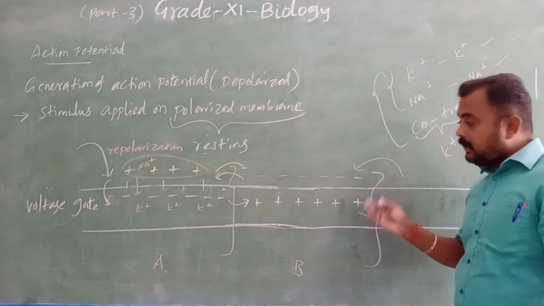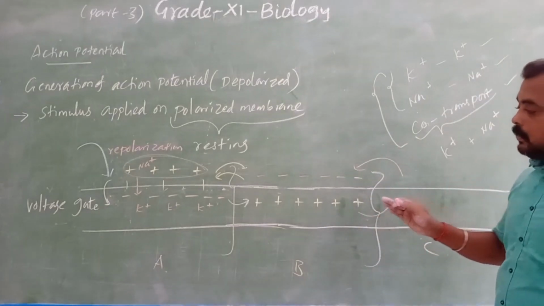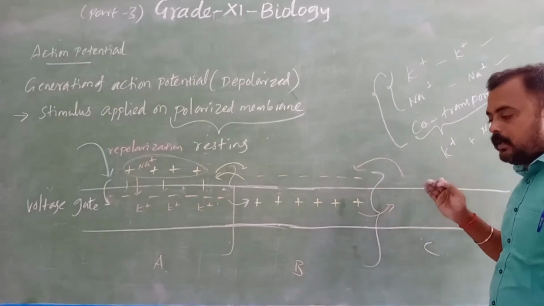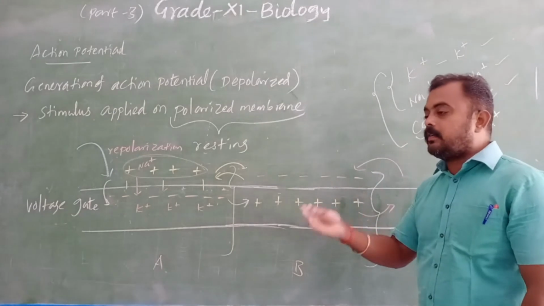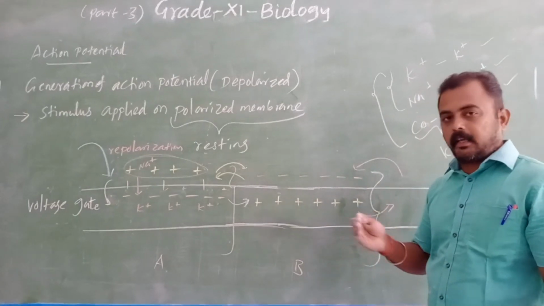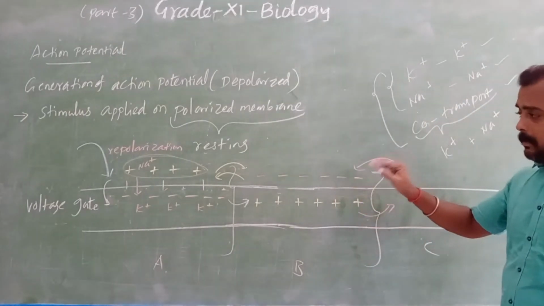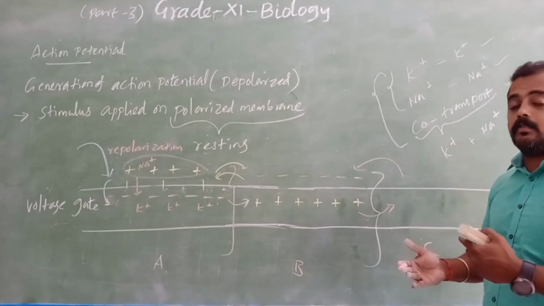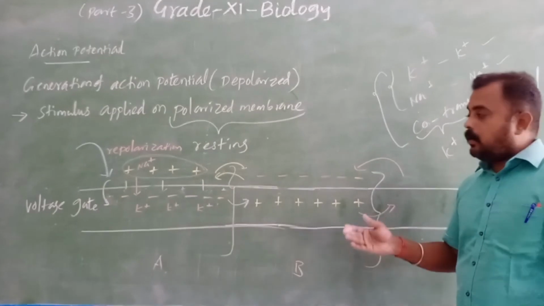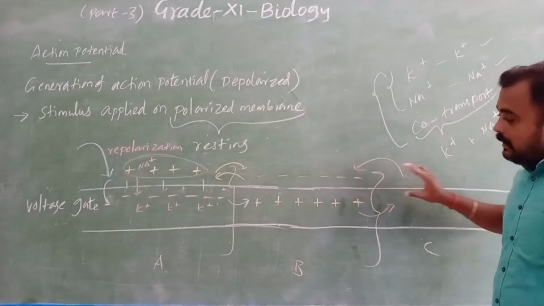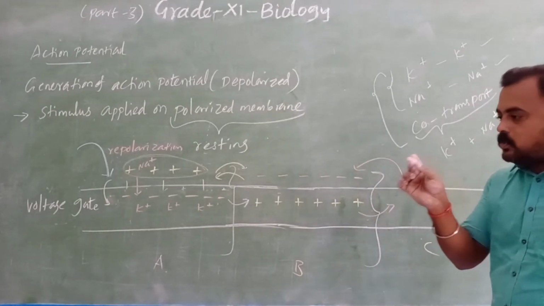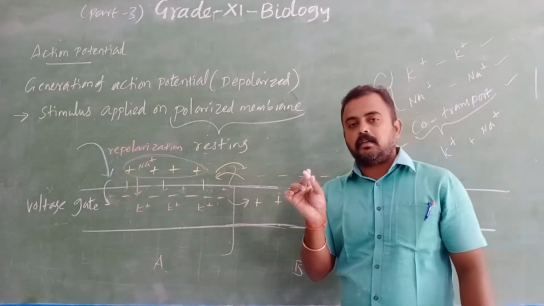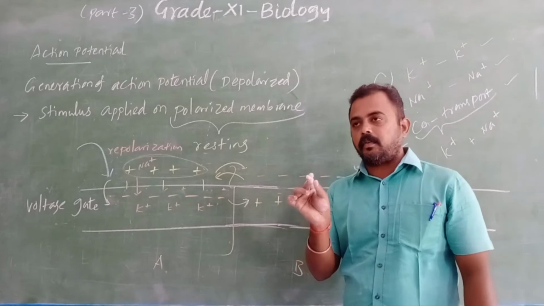Okay, but sir, it is happening inside the neuron, but from one neuron to another neuron, how does it happen? That means I will say, the message is passing from one neuron to another neuron. But here it is happening like this, but in between the joint, in between the two neurons, what happens? Don't worry.